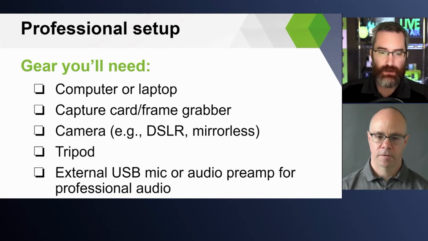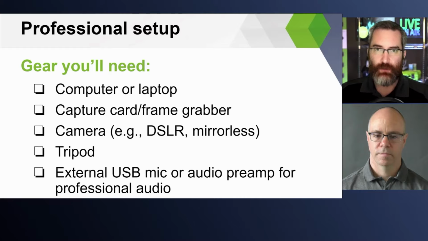And then, of course, external USB audio, whether it's the same external USB mic as the decent setup before, or whether you upgrade to a USB preamp that has analog microphones hooked up to it, or a lav mic, there are tons of different possibilities. In general, one of the biggest things, and this comes from the general rules for live streaming as well: there's no point in making great video if the audio is garbage.